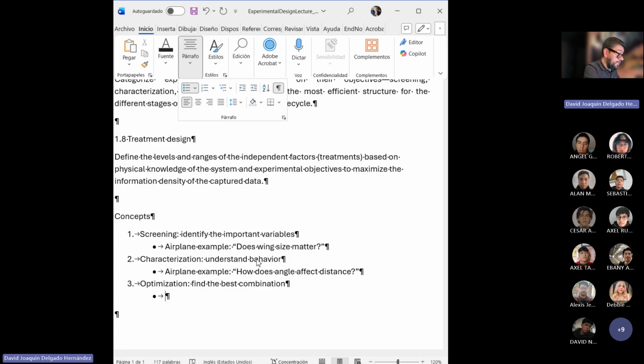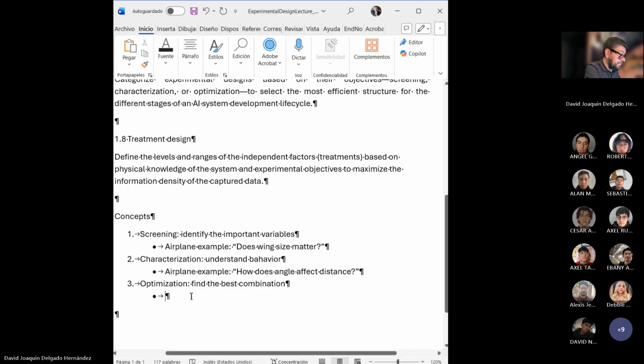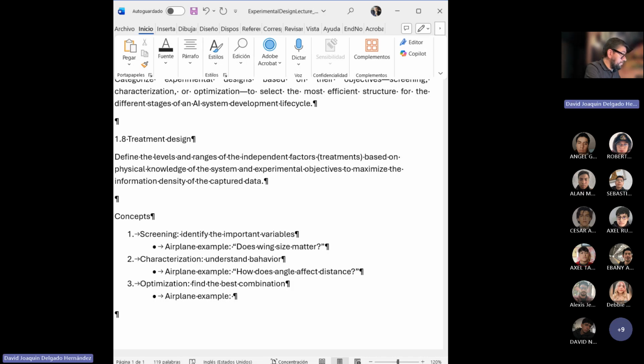In the airplane example, the question will be, what gives maximum distance?